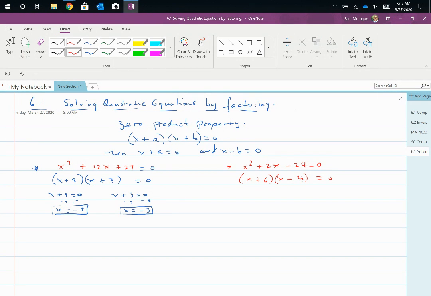So 6 minus 4 is 2, and then 6 times negative 4 is negative 24. So x plus 6, x minus 4. Then use the zero product property to get x is equal to negative 6 and x is equal to positive 4.